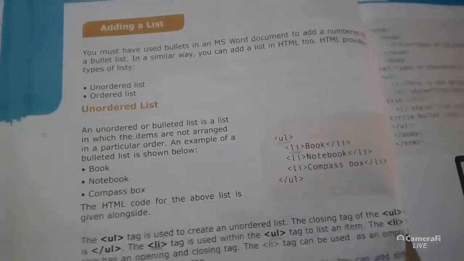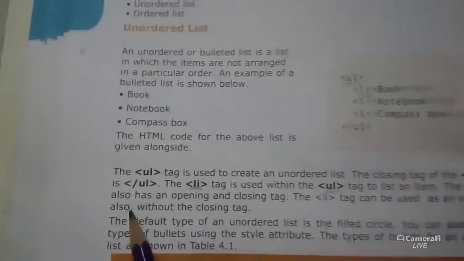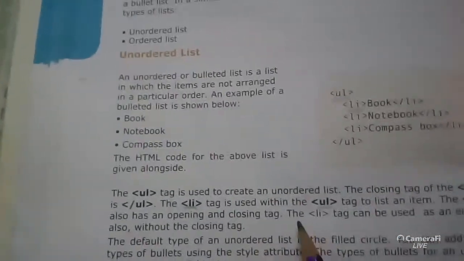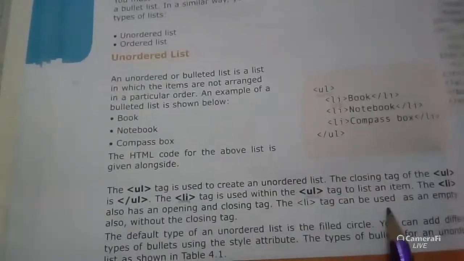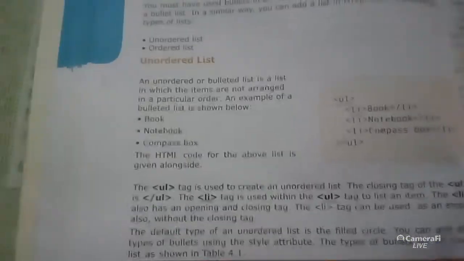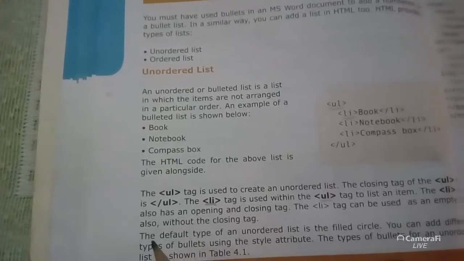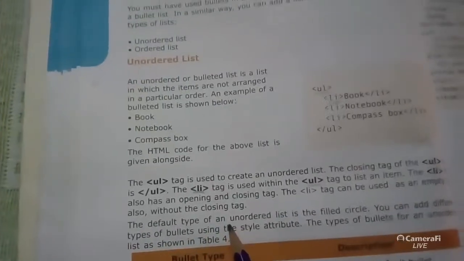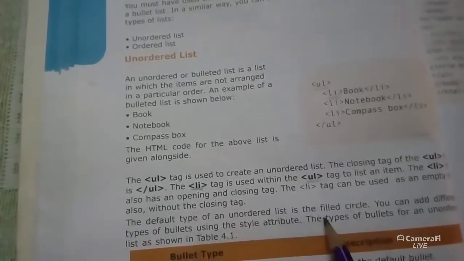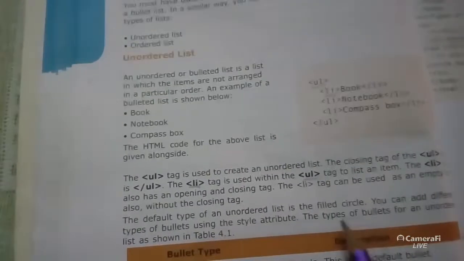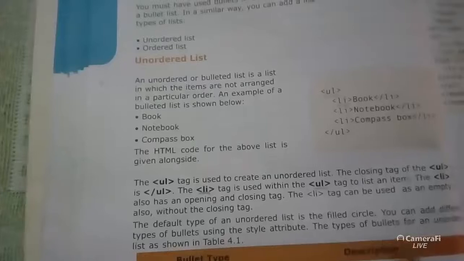The LI tag also has an opening and closing tag. The LI tag can be used as an empty tag also, without the closing tag. The default type of unordered list is the filled circle. Filled circle means a circle, but it is filled, that means a black circle.